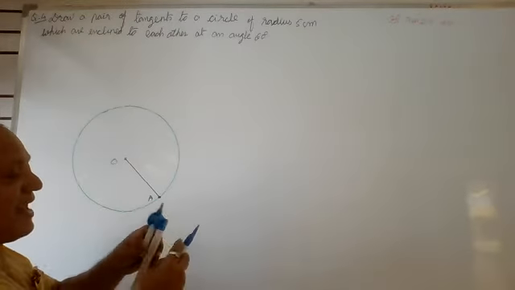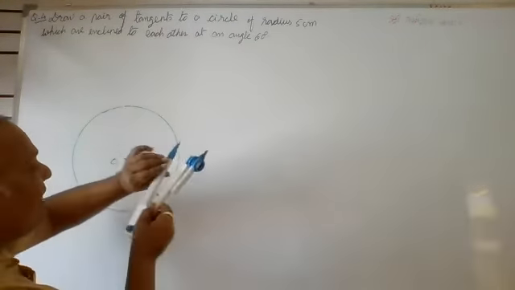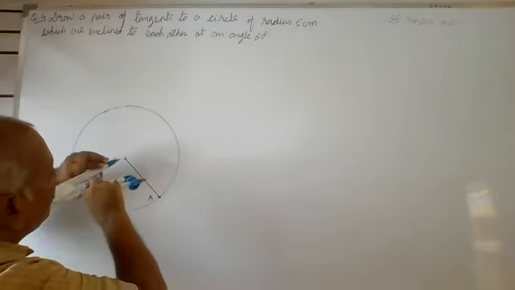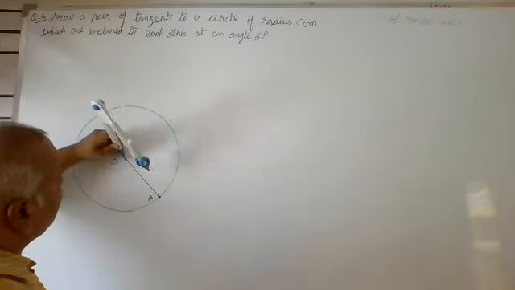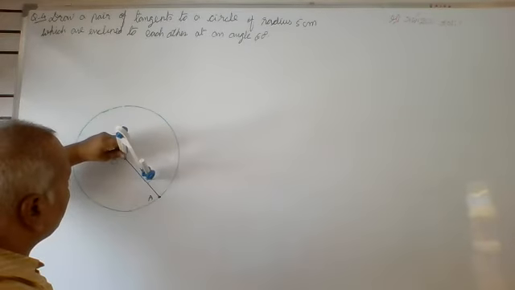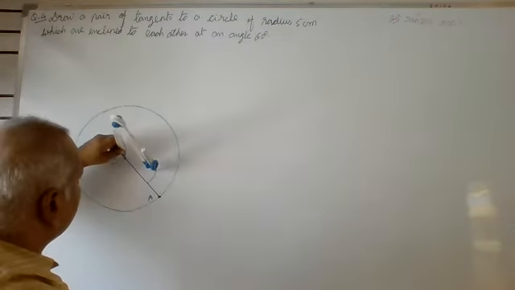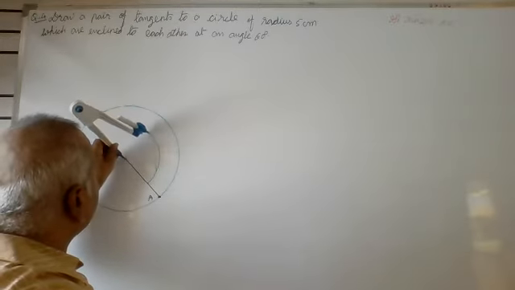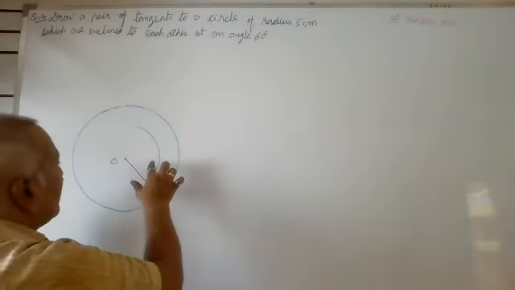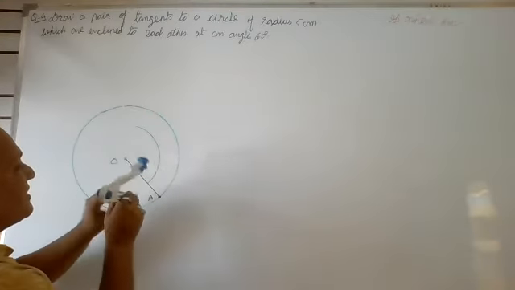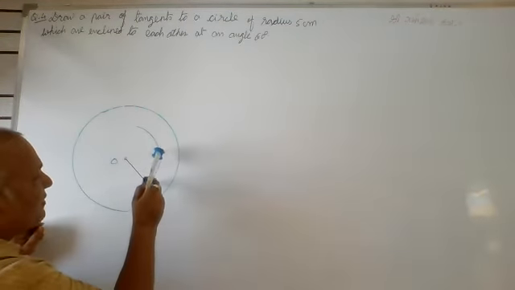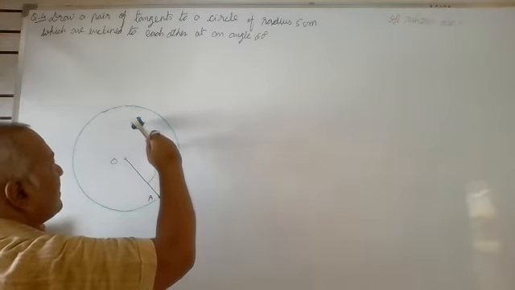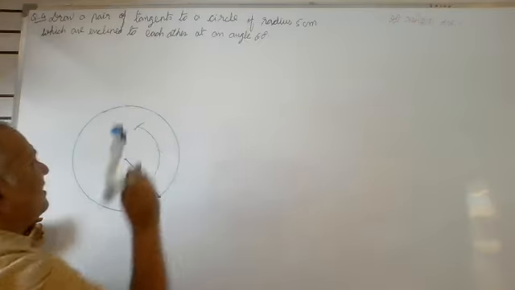Now we have to construct a 120 degree angle. By taking a random measurement with the compass, any measurement, it is not fixed, we keep the pin on the center and construct an arc with random measurement. You can see it is an arc. Now by taking the same measurement we have to cut the first arc, it is 60 degree, the second arc, it is 120 degree.